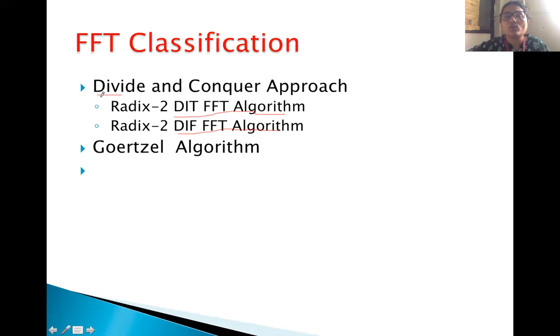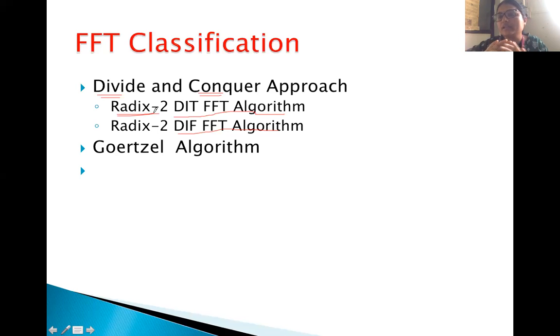This divide and conquer is very important because as we go on implementing this kind of FFT algorithm, we will be dividing the entire sequence. While dividing the entire sequence, radix 2 is important. Radix 2 means every time we divide the entire sequence into 2 parts.